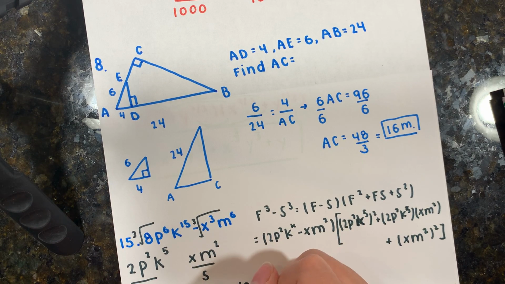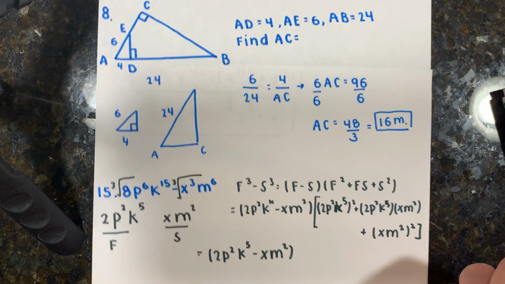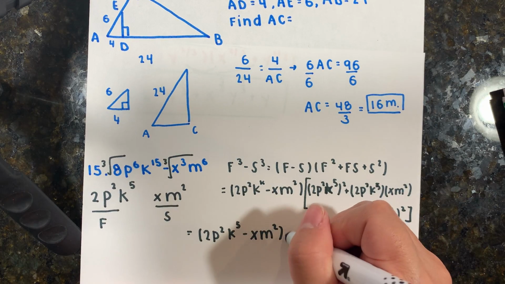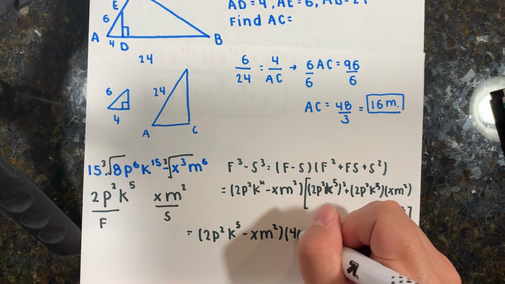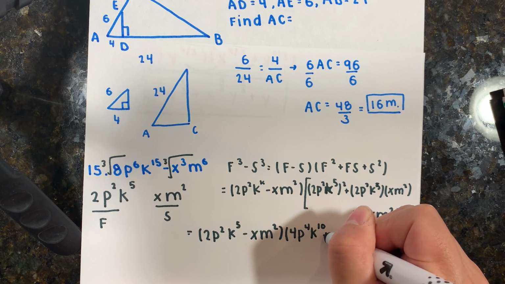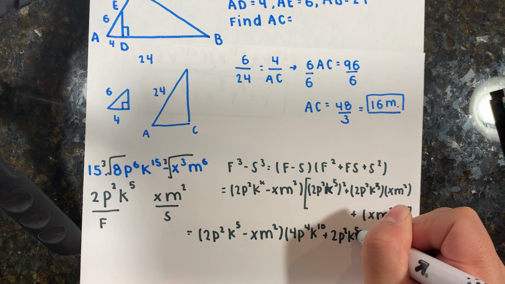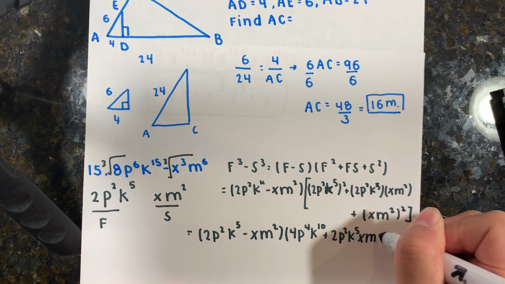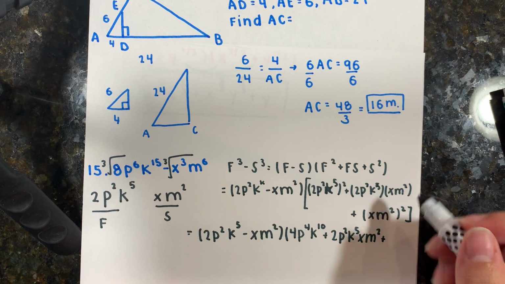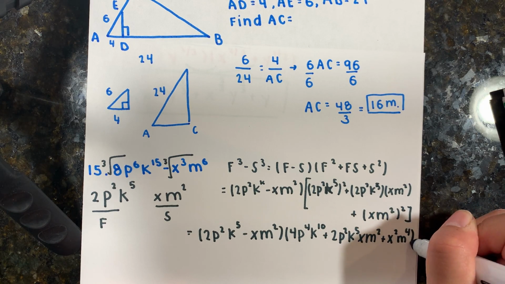That's going to be 2p squared k to the 5th minus xm squared. Now I'm going to square this, which would turn into 4p to the 4th k to the 10th plus 2p squared k to the 5th xm squared plus x squared m to the 4th.